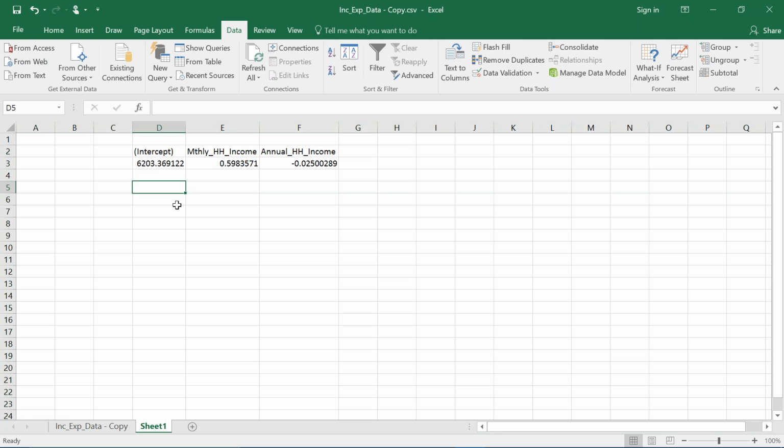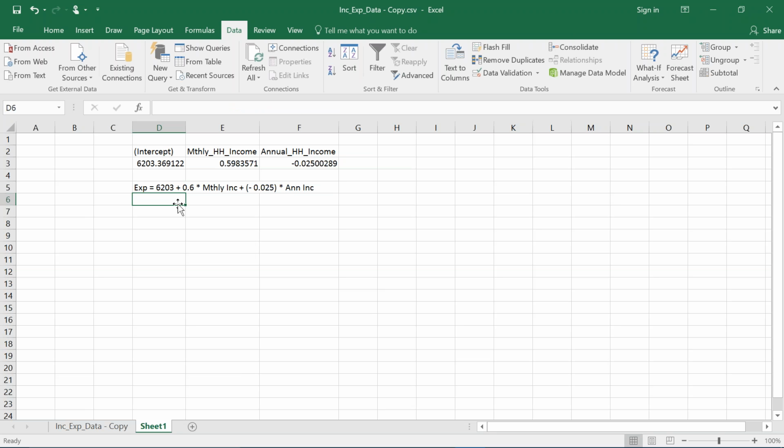So this model is saying expense is equal to 6203 plus 0.598, I'll just put it as 0.6, times monthly income plus minus 0.025 times annual income.